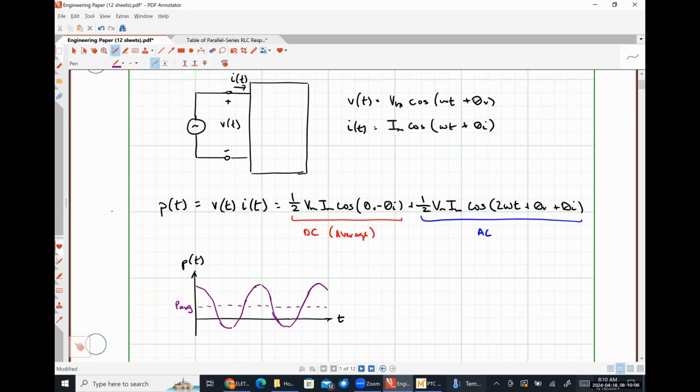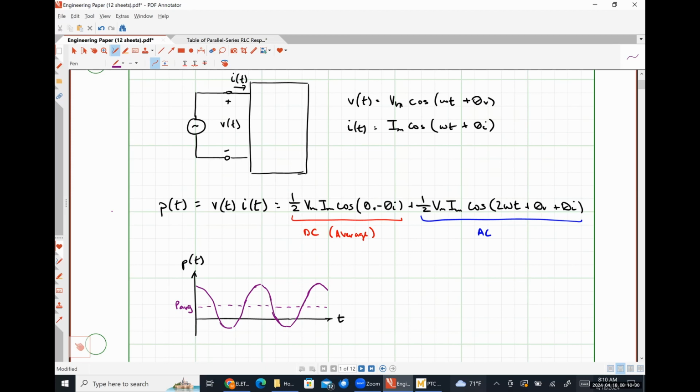So that's what instantaneous power would look like for a single phase circuit. We can see that at any given point in time, the power that's delivered to our load is constantly changing. It's a sinusoidal signal that is effectively superimposed on top of this DC steady state signal that we commonly call the average power.